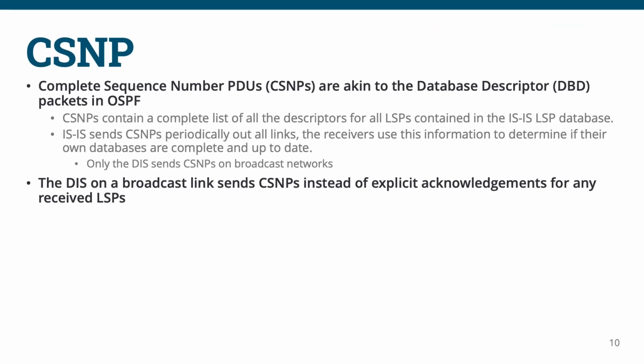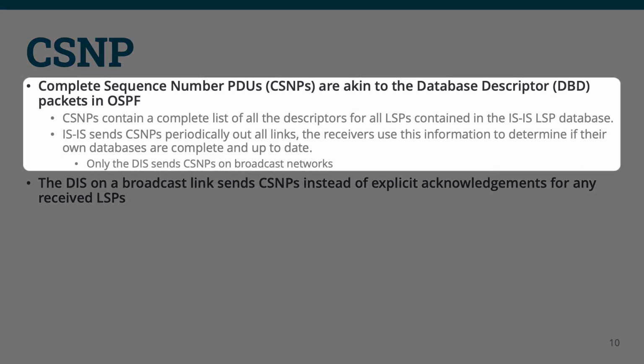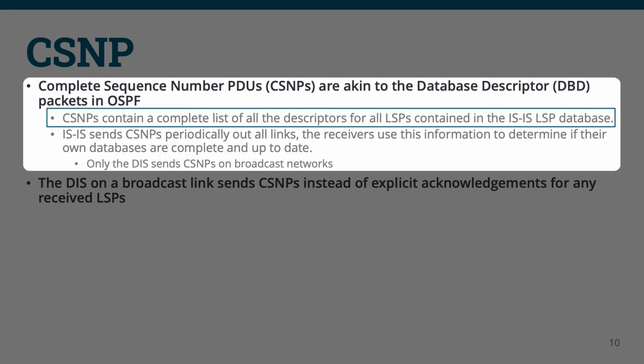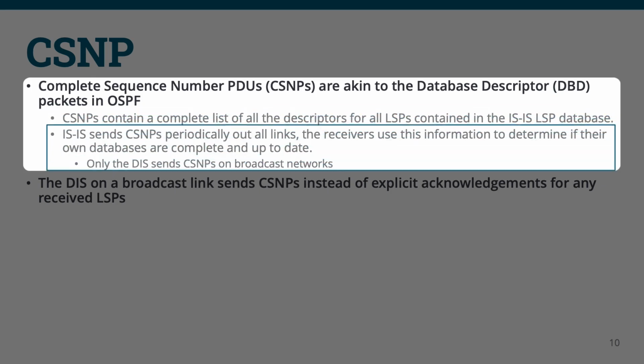The CSNP, or Complete Sequence Number PDU, is very similar to the DBD packet of OSPF. The CSNP contains a complete list of all LSP IDs for the LSPs contained in the originating IS's LSDB. All nodes will periodically originate CSNPs to neighbors to ensure LSDBs are up to date.